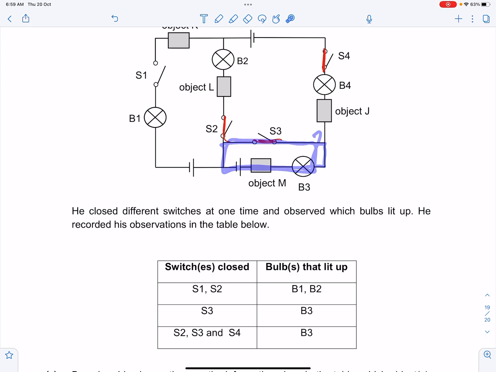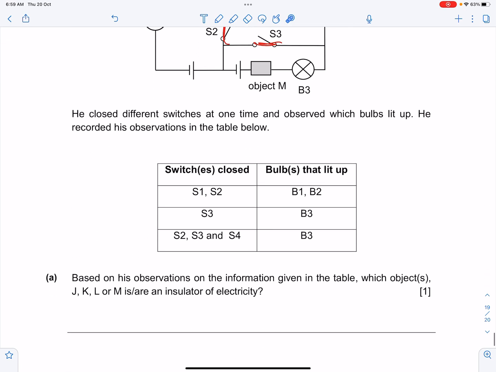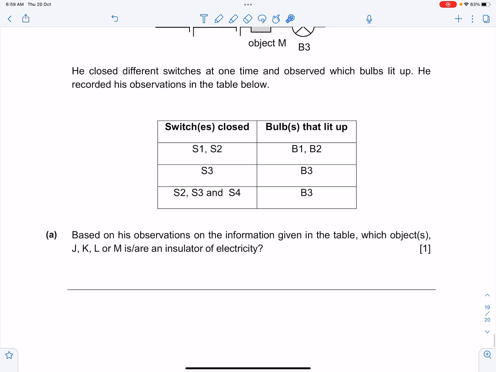So that means that my object, something is stopping the flow between here and here. So, the object that is not allowing that to happen would be an insulator, and that happens to be J. So the answer is J.